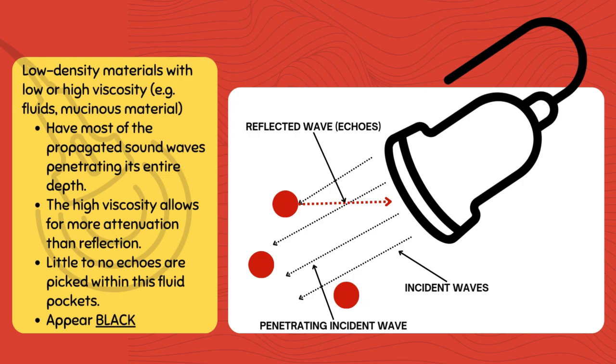The high viscosity would also allow for more attenuation than reflection, as it absorbs most of the sound waves and converts them into heat energy. Little to no echoes will usually be picked up within fluid pockets. This makes the image appear black.